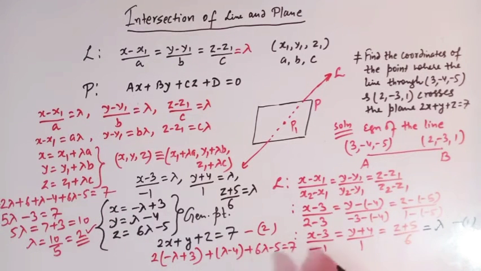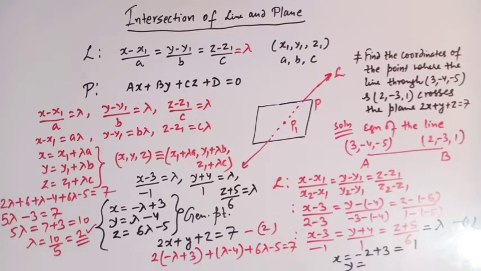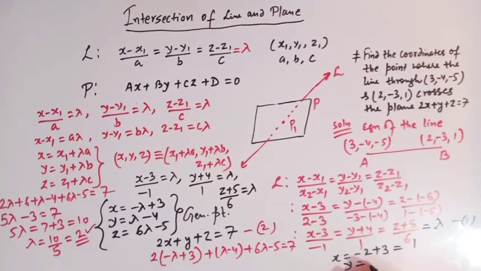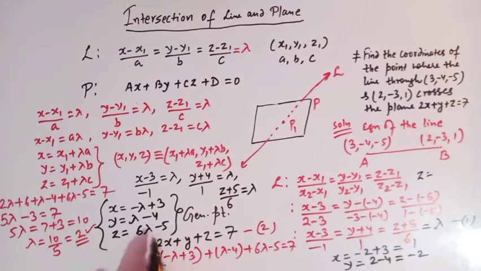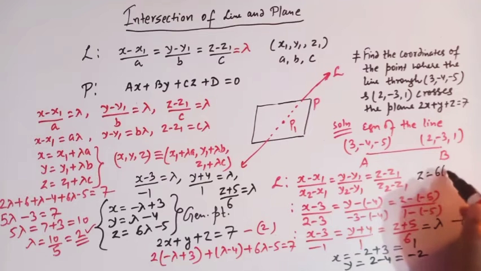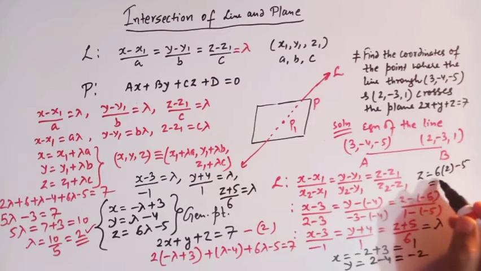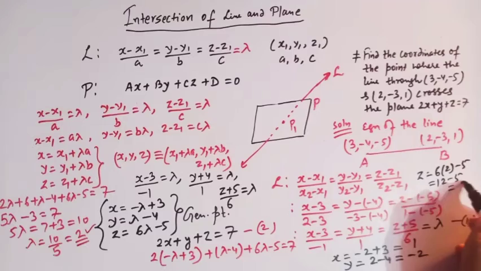So what we will get, we'll have x is equal to minus lambda plus 3, so we have minus 2 plus 3, that is 1. Then we have y, and the value of y is equal to, for lambda we have 2, so 2 minus 4 equal to minus 2, and for z we have 6 lambda minus 5, so this is 6 times 2 minus 5, that is 12 minus 5, that is 7.